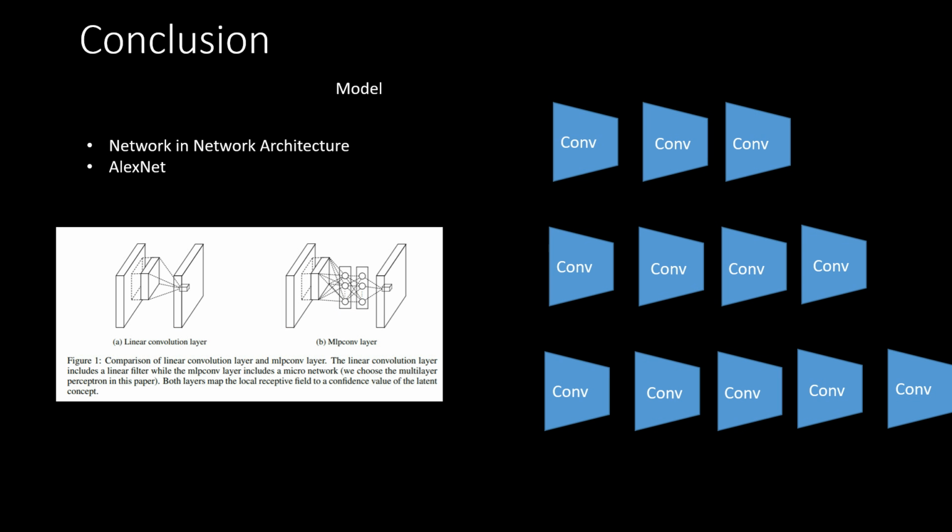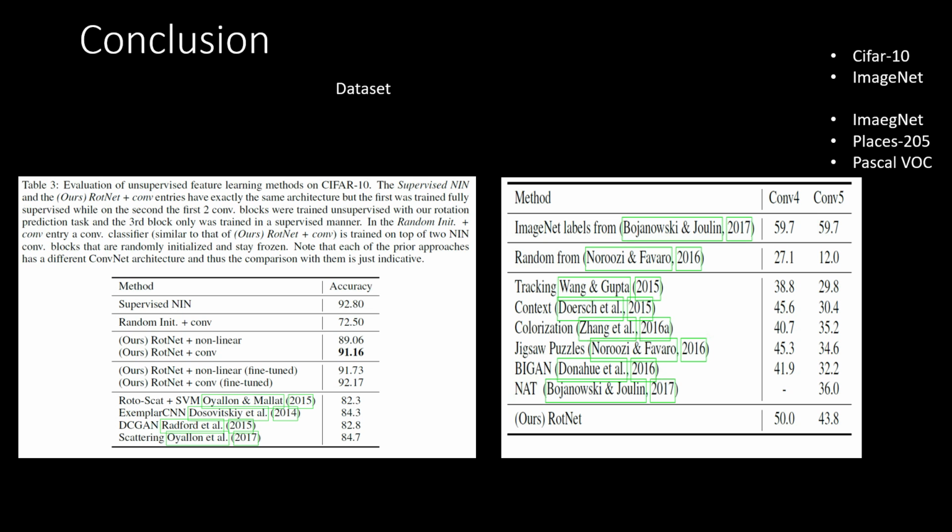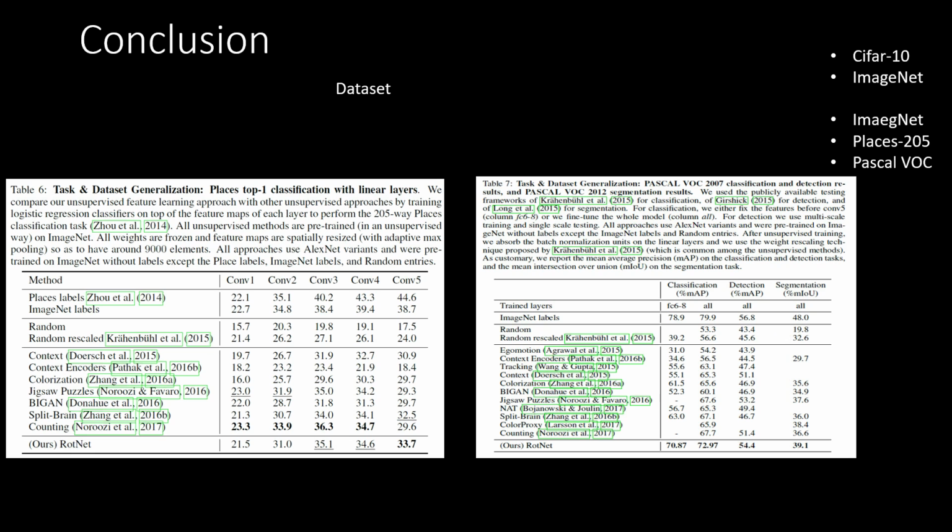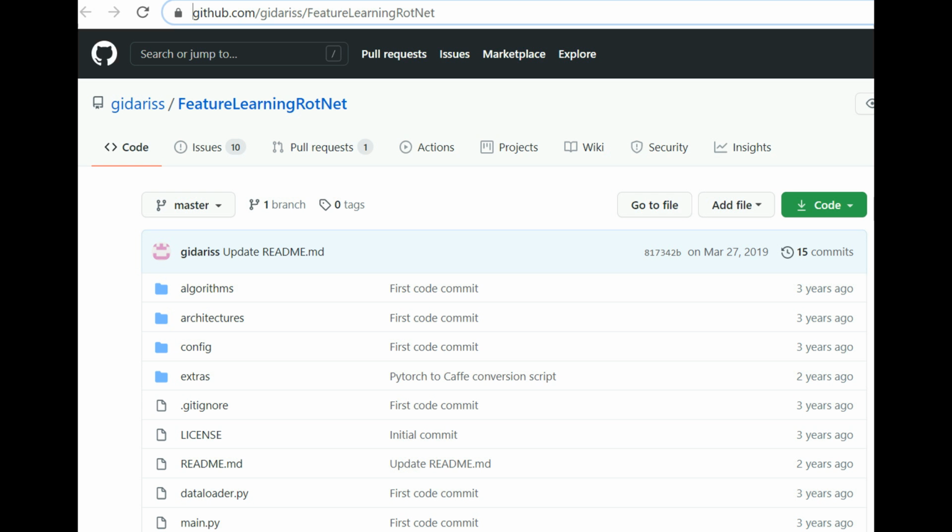For the model, they use the network in network architecture, like the conv block, and the AlexNet architecture. On the CIFAR dataset, they used the network in network architecture and evaluated the performance. With AlexNet, they pre-trained on ImageNet and evaluated on ImageNet, Places, and Pascal. The performance was quite competitive with the supervised and much, much better than the other existing unsupervised methods at that time. So I think that's all for now.